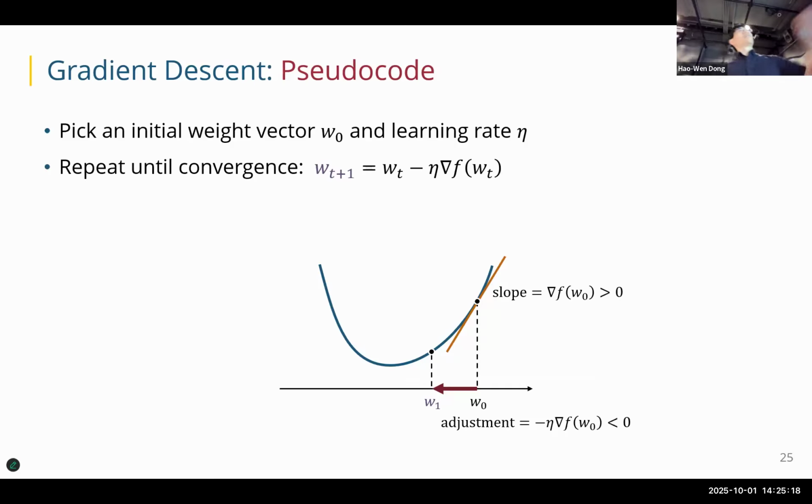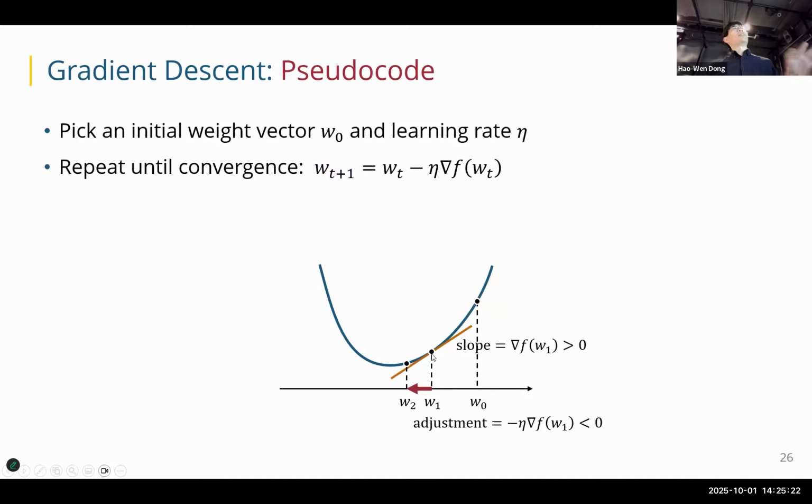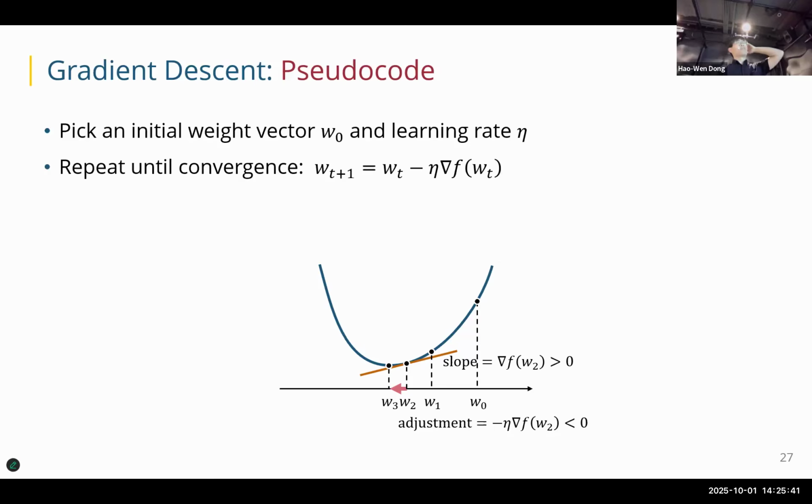Now you are at this point. Now you compute the slope at that point. Now the slope becomes smaller, so you want to do the adjustment again. Because the slope is smaller and your learning rate is the same, the adjustment becomes smaller. So it will still move to the left, but now with a smaller adjustment. And you just keep doing this.